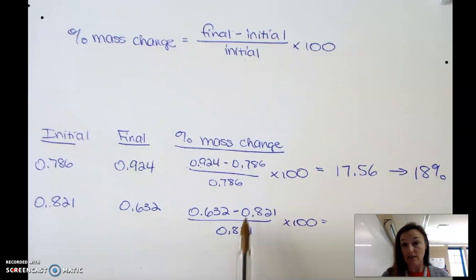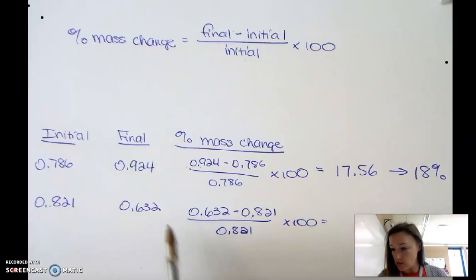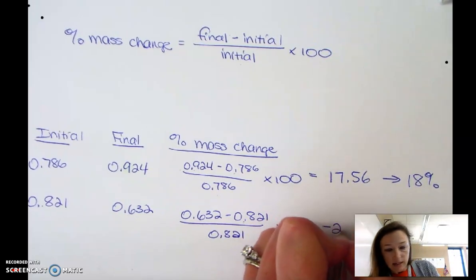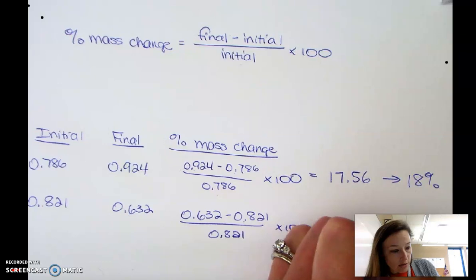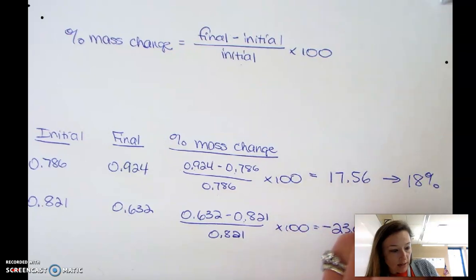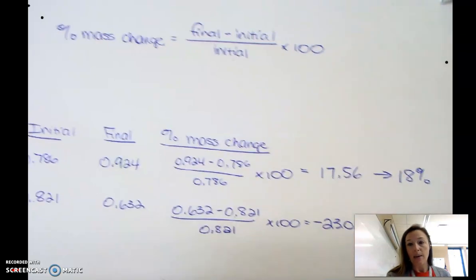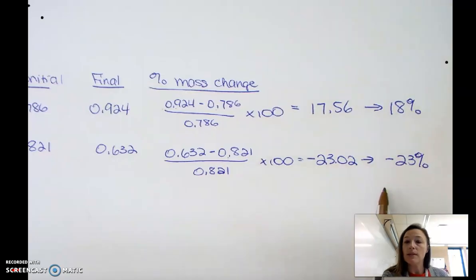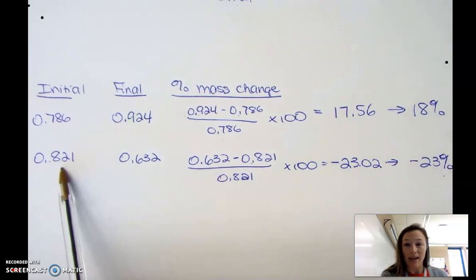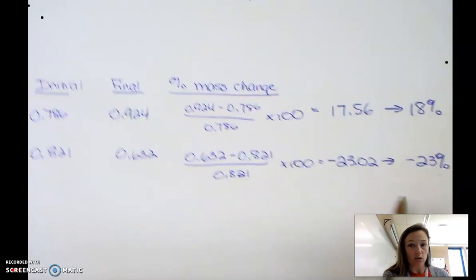That's going to give us a negative number because this is bigger than this, divided by 0.821 times 100, and that gives me negative 23.02, which I'm going to round to negative 23%. Make sure if you have a negative, you keep the negative, because that tells you that it lost weight. So this one lost 23% of its initial mass, or almost a fourth of its initial mass.